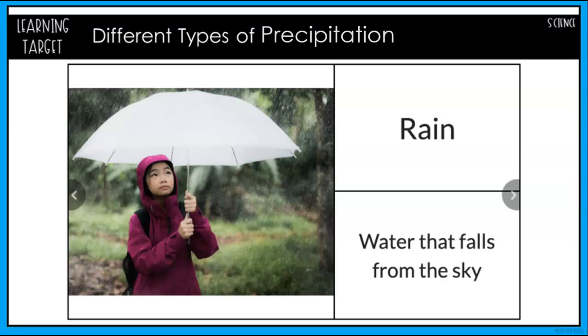Well, you might be seeing that there's rain falling. There's something falling on top of her umbrella and behind her. And you're correct. That's precipitation, and that is rain. And rain is water that falls from the sky, which we've been having a lot in Georgia right now.